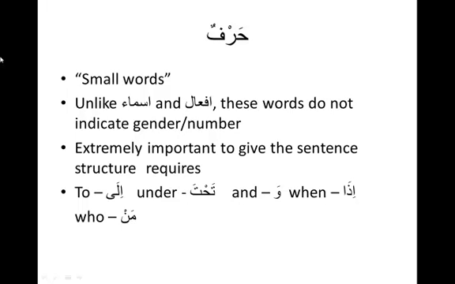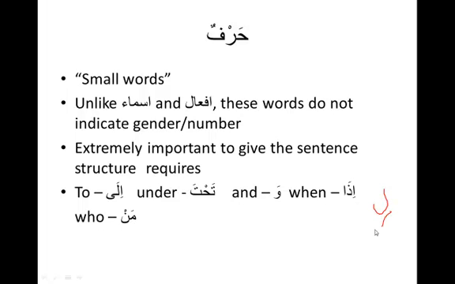So la, min, fi, ila. All these things come so many times, it's uncountable. Some of these you saw already, some of them we didn't. But ila, to, tahta, under, wa is and, idha, when, man is who. Let me add some more from the ones that we learned.